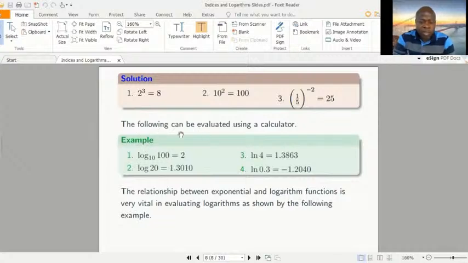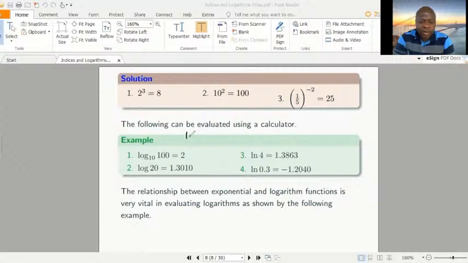Now let's look at this other question. This one you can just use a calculator. I had already said that this one is log of 100 to base 10, so your calculator can do this.